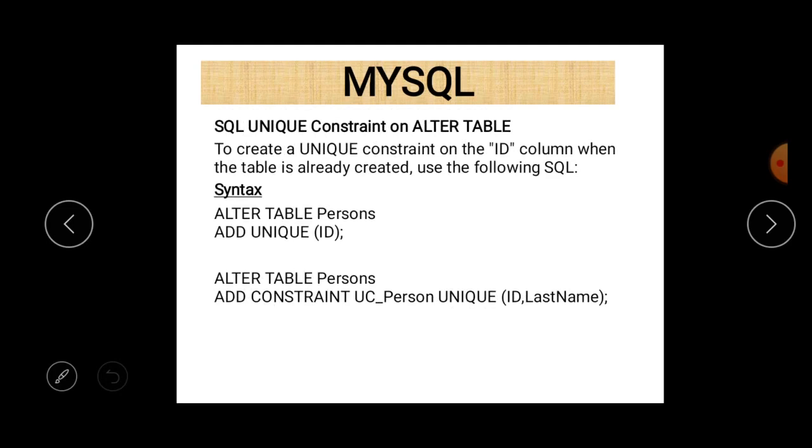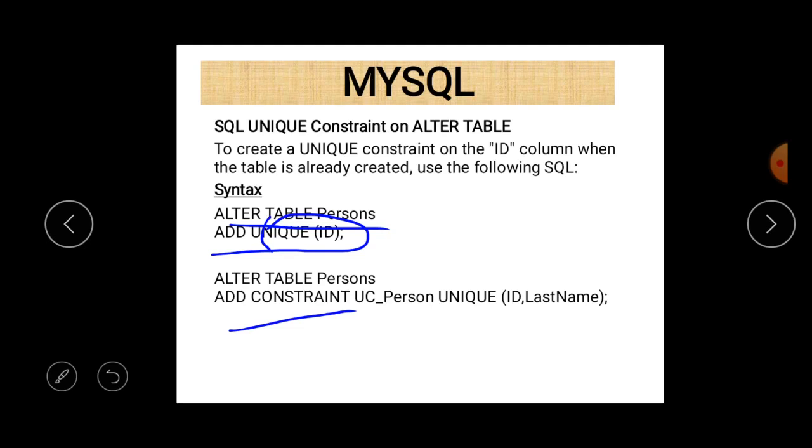Then the unique constraint. We just write ALTER TABLE person ADD UNIQUE, and there is another method. You can also give the name of that constraint, and the name of the constraint is given just after the ADD CONSTRAINT keywords.